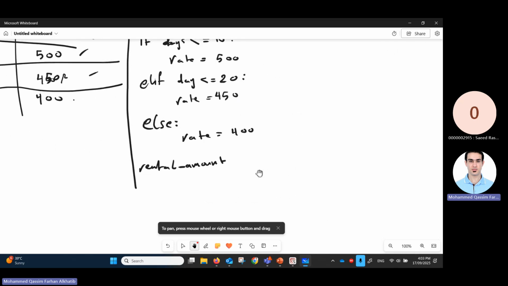Rental amount, basically, it's going to be the daily rate times the number of days. So if you rent the car for 20 days, then you pay 400 dirhams per day, 400 times the number of days.